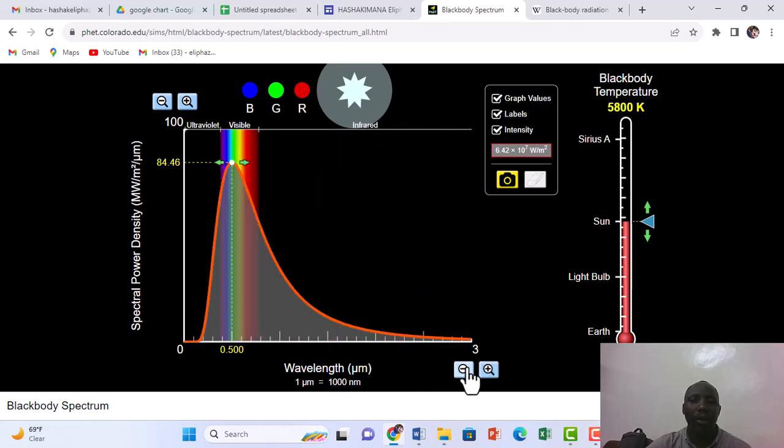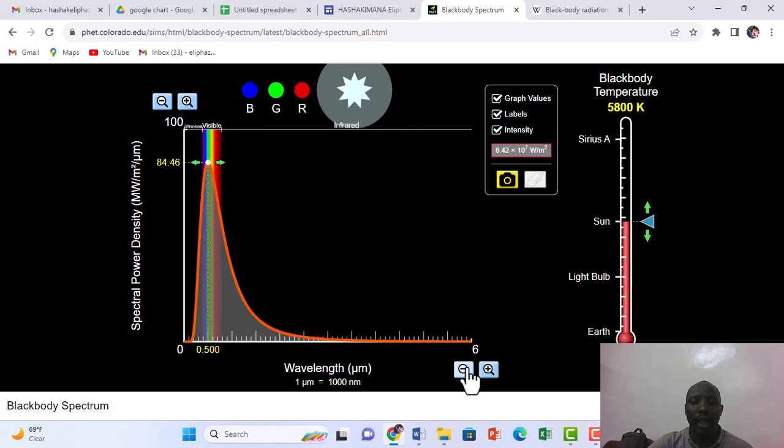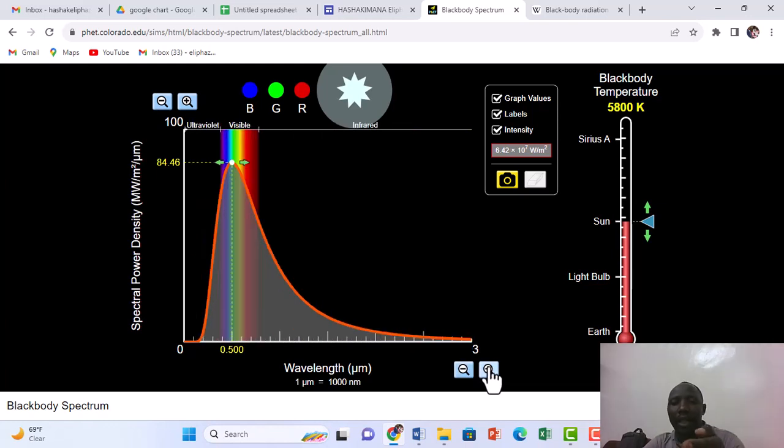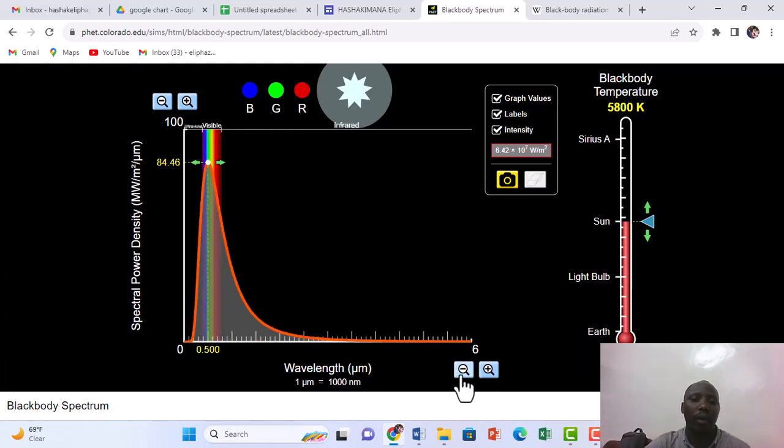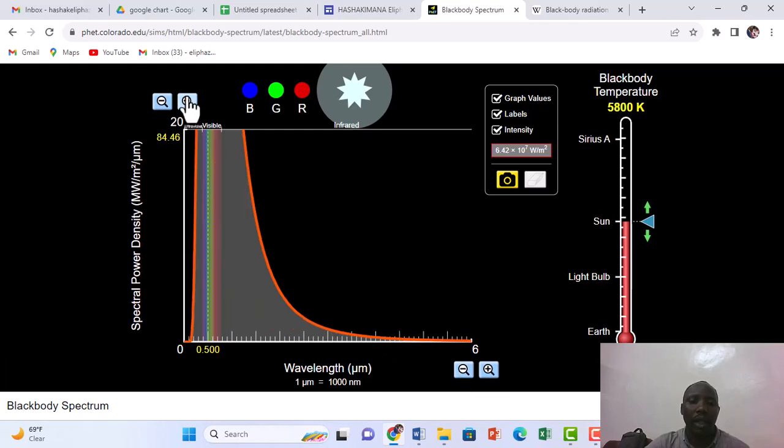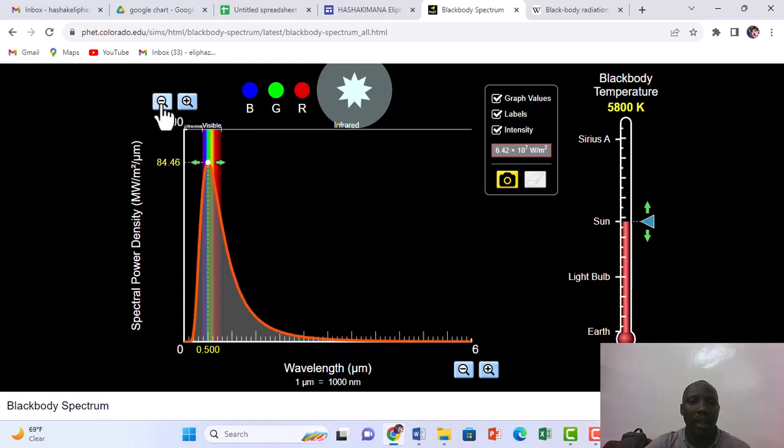You see it changes as we change the wavelength, the intensity going to that side. Then when we decrease, it goes to the side of the visible light. When we also increase the intensity, and then decrease it, it comes down as the temperature also decreases.